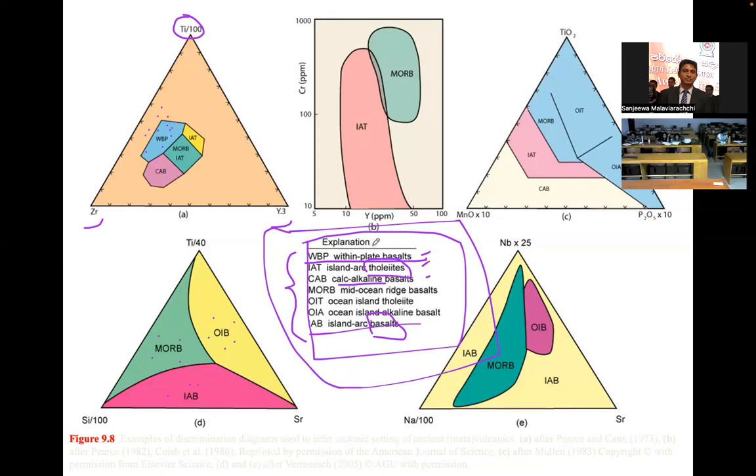Okay, so there are different discrimination diagrams because sometimes some diagrams might not give you the correct setting due to various reasons. Practically, you will encounter different problems with some of the diagrams. Probably when you get one element or two elements from one lab and another element from another lab, right? Because people do like that, because when they have collaborations, these analyses are expensive.